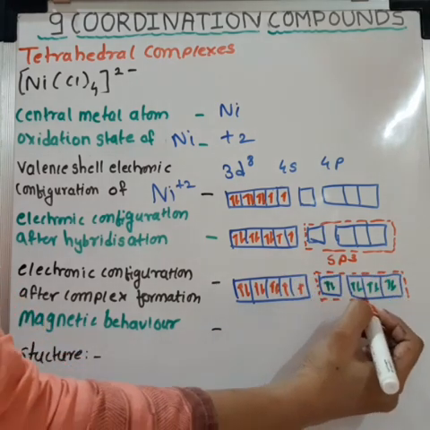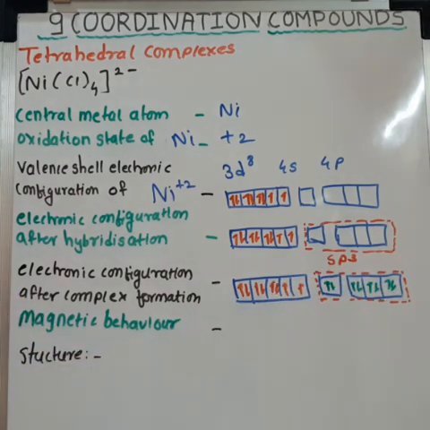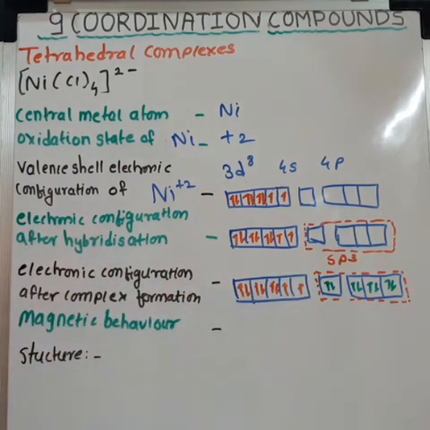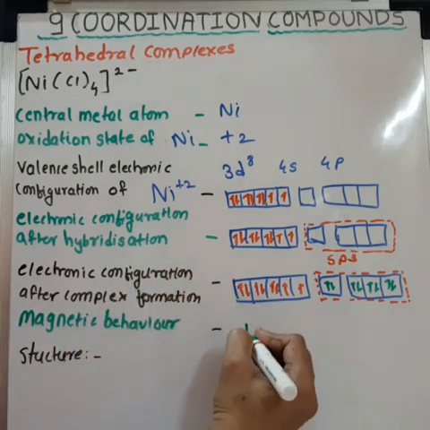These are sp3 hybrid orbitals. As we can see, there are 2 unpaired electrons. This complex is paramagnetic.